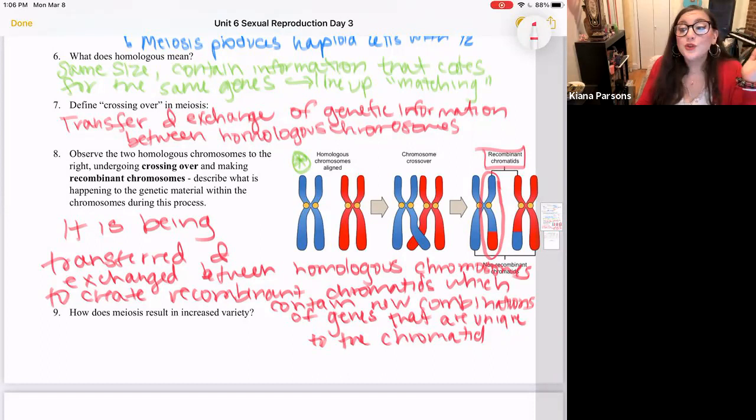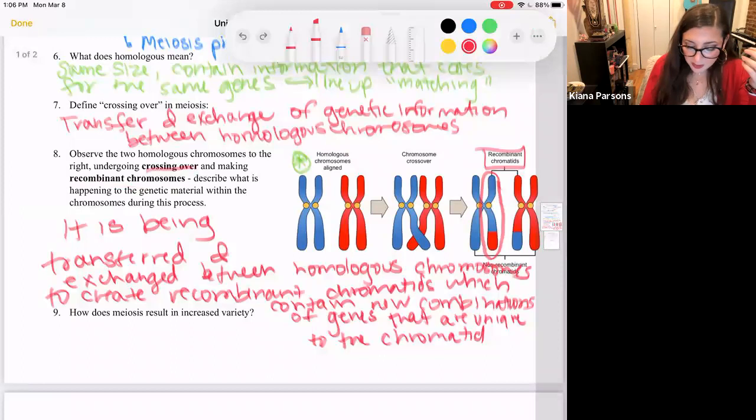If you choose to take AP biology or college level biology classes, you will deep dive into this topic a lot more. For our purposes, it's very important that you understand that crossing over increases genetic diversity, and that crossing over is part of meiosis and results in recombinant chromosomes.